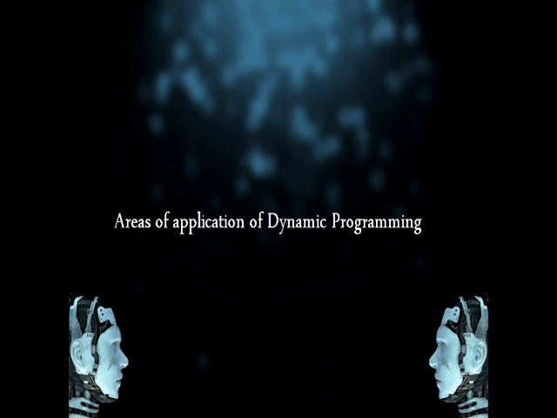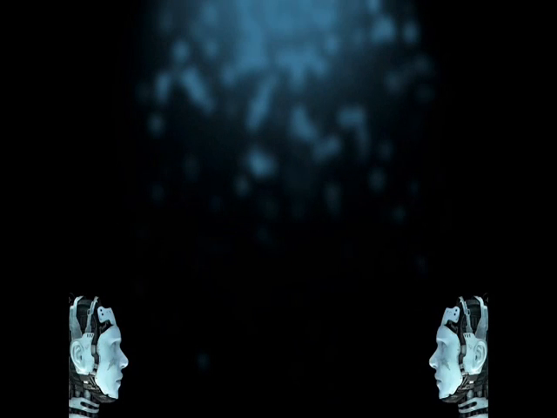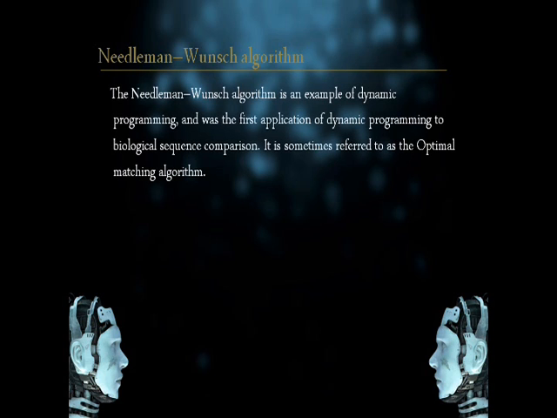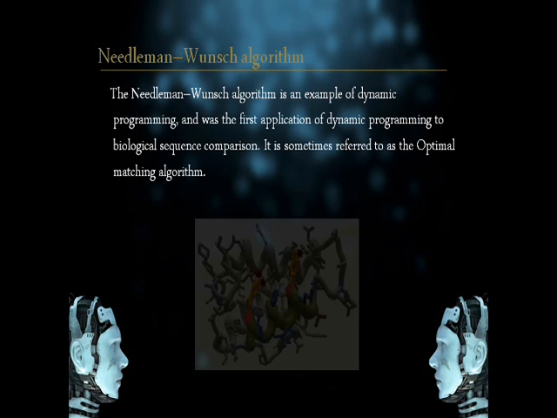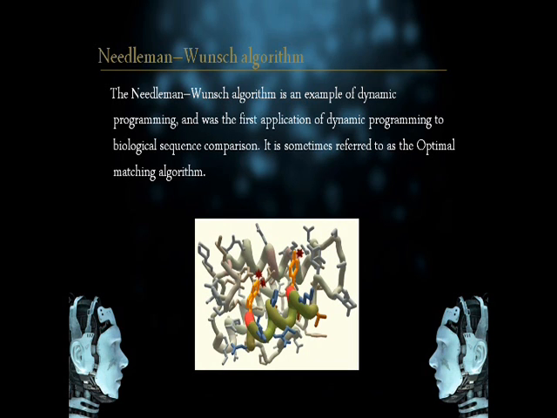Now, a closer look at the areas of application of dynamic programming. The Needleman-Wunsch algorithm performs a global alignment on two sequences called A and B here. It is commonly used in bioinformatics to align protein or nucleotide sequences.